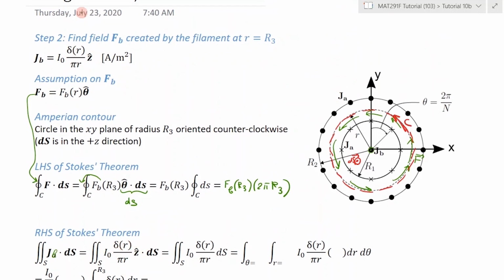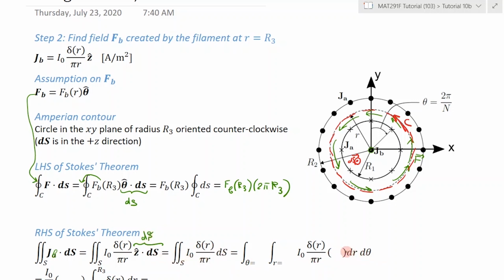Direction is z hat. The next thing I did is I realized that this is equal to ds. The reason, again, is because the ds vector is in the z hat direction, so the dot product is positive and is equal to this. That's what I got here.